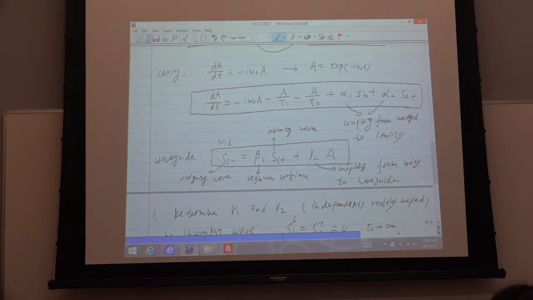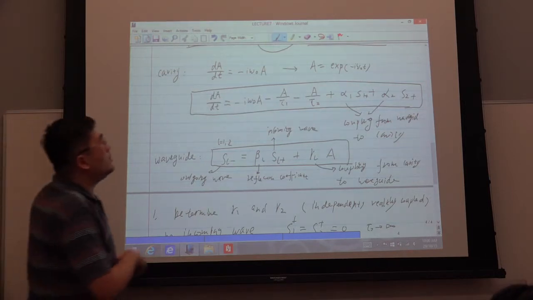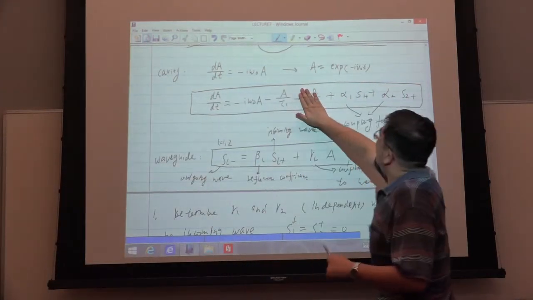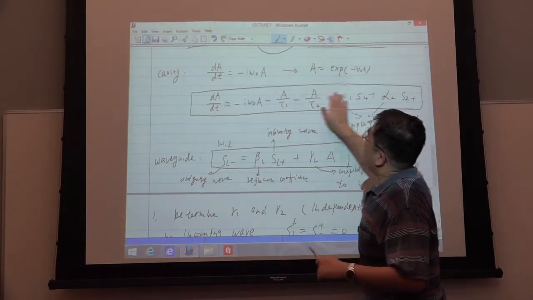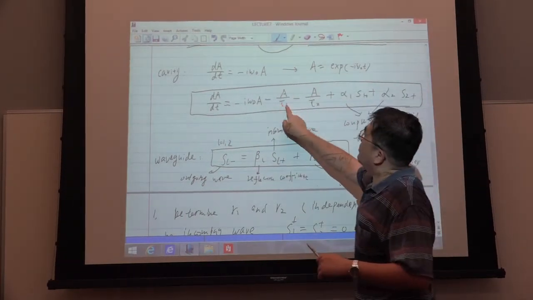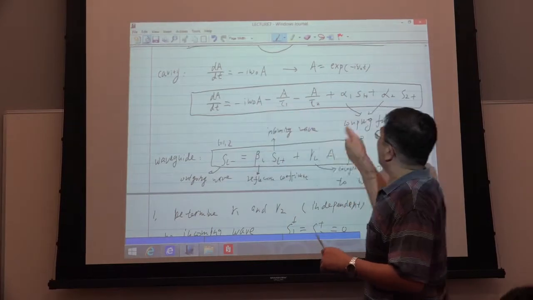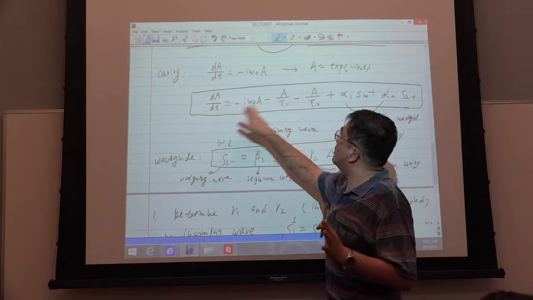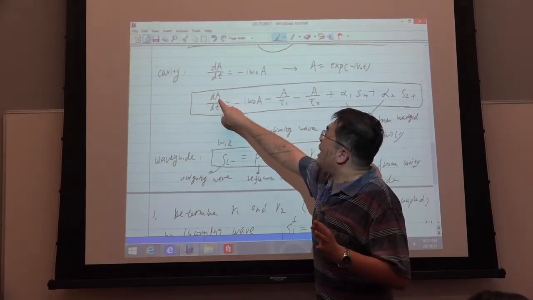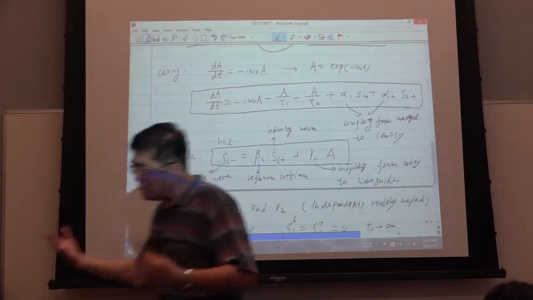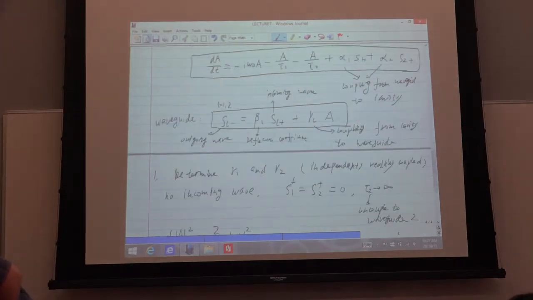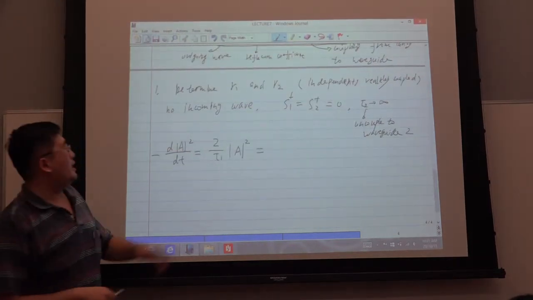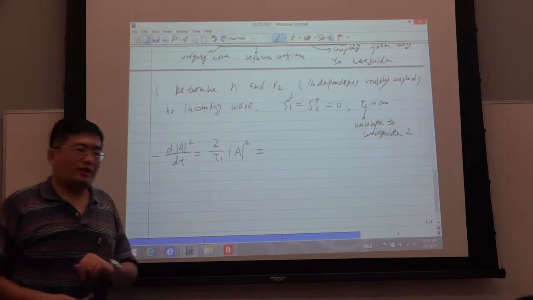And S1 and S2 are also 0, because there is no incoming wave. So these three terms just equal 0. Only this term introduces decay, because this oscillation does not affect energy. This is decay. A is similar to amplitude, so this is energy, with tau over 2.